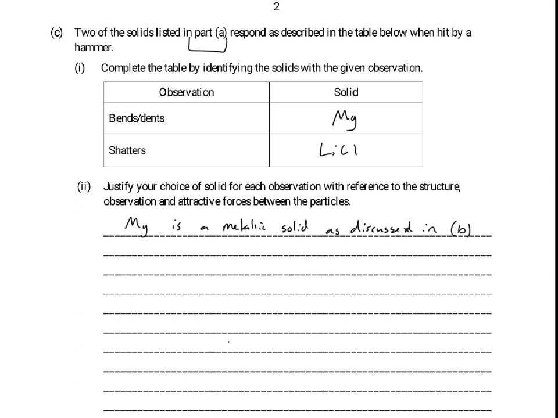So that's steps 1 and 2. Step number 3 is the metallic bond is non-directional, which means it goes in every single direction all at once. When Mg is hit, the atoms can slide over each other.